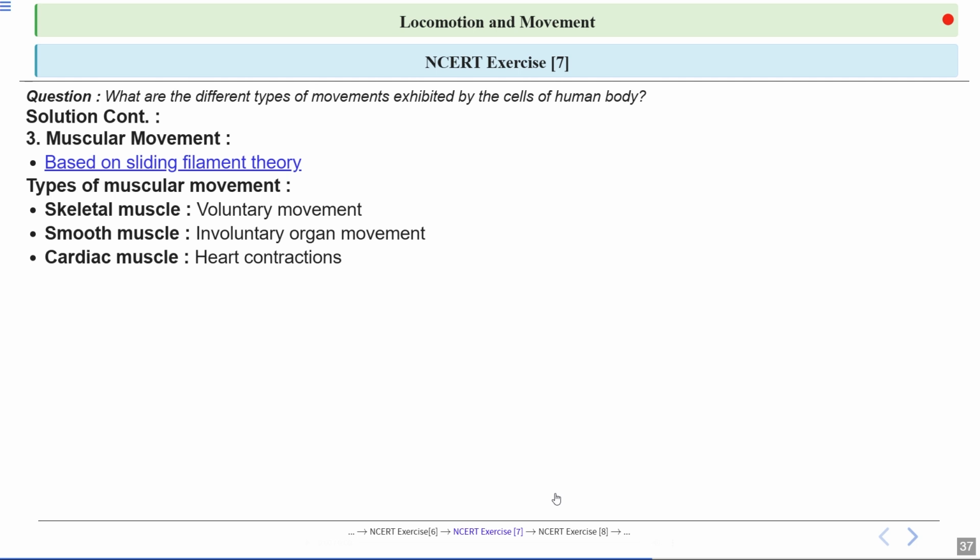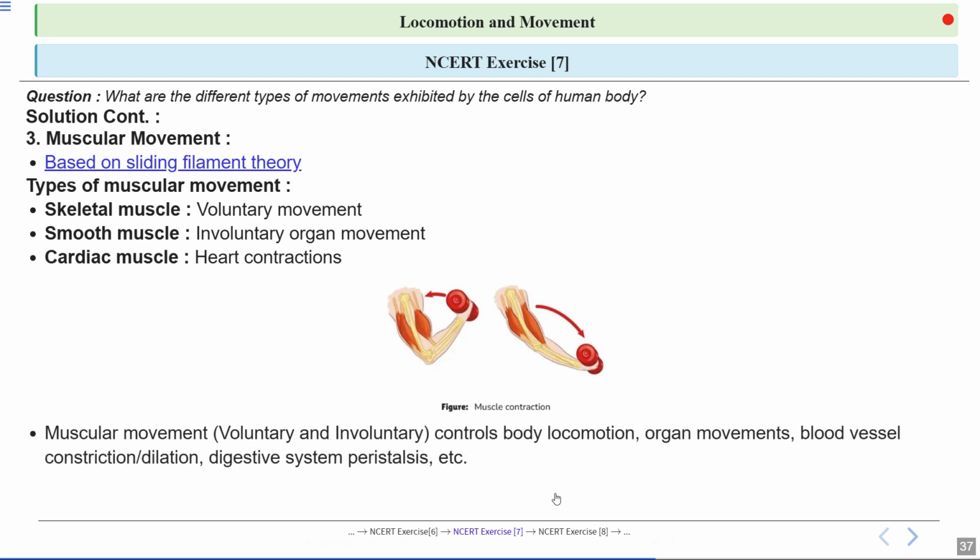Now, the third type is cardiac muscle, which is found only in the heart. Cardiac muscles contract rhythmically and continuously to pump blood throughout the body. So, you can think of it as the engine that keeps our circulatory system running. So, this is a picture which is showing how muscle contraction takes place.